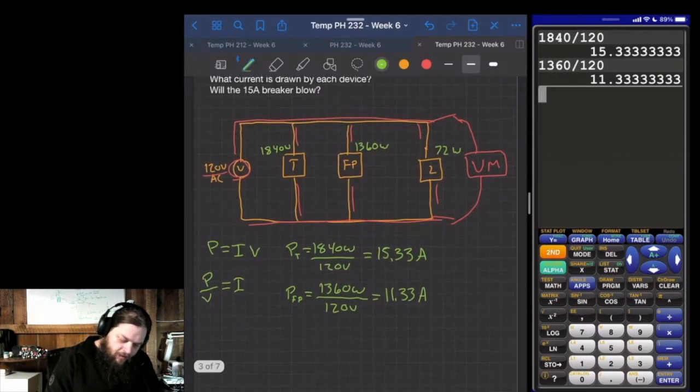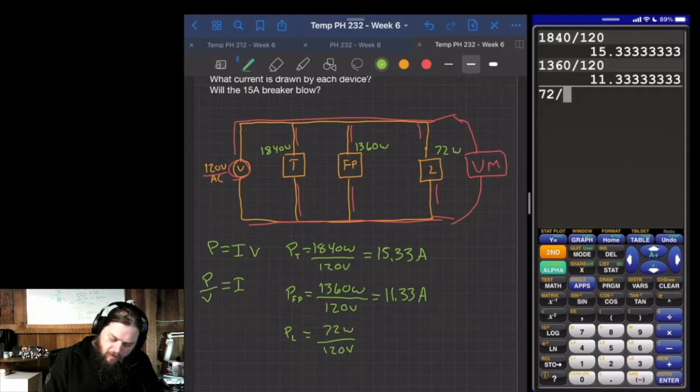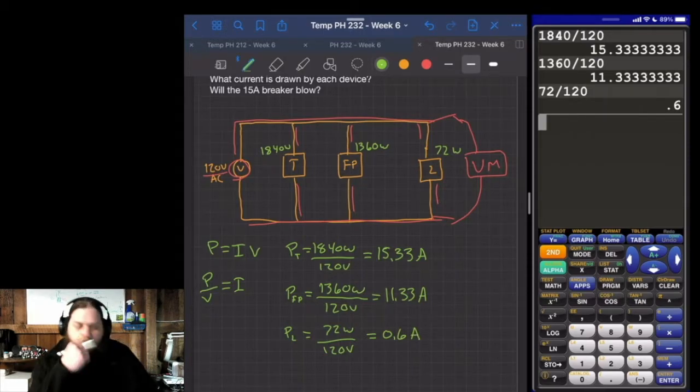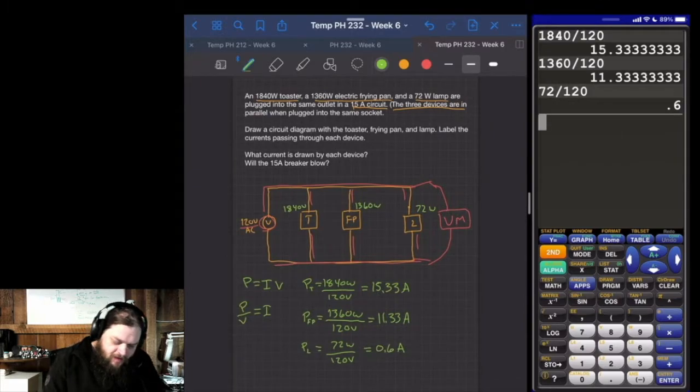Looking at the final one, the lamp, it's equal to 72 watts divided by 120 volts. 72 divided by 120 is 0.6 amps. So that's the amperage, the current flowing through each of these paths.